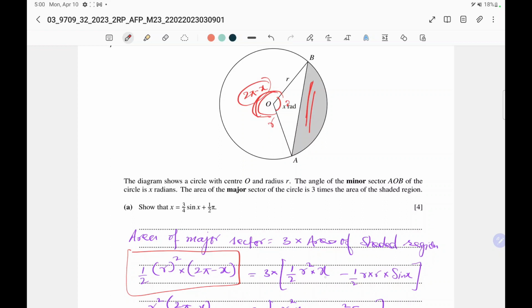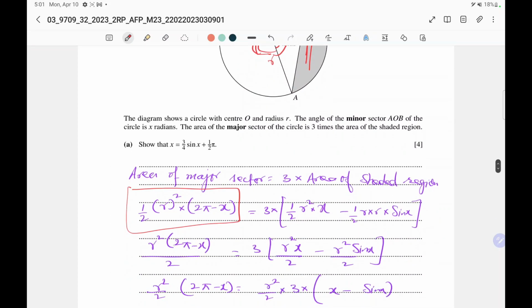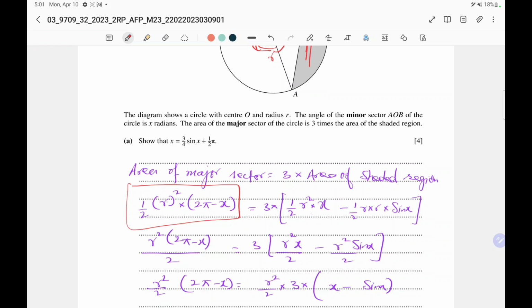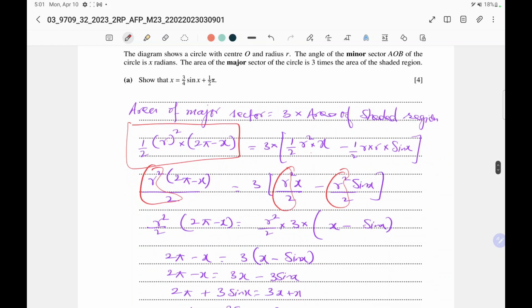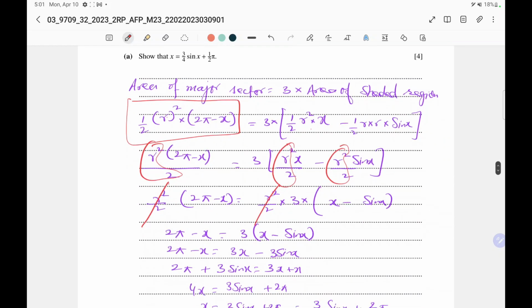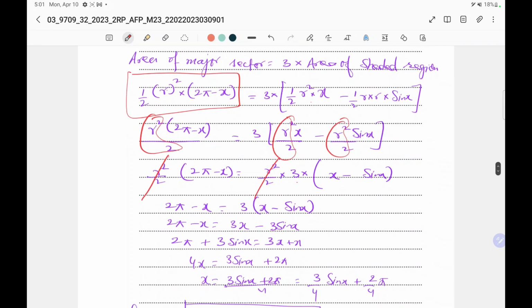So 1 over 2 r squared theta, theta is x, because for this angle we have to consider x, minus 1 over 2 ab sin theta. Now this is r squared over 2 (2 pi minus x), then this is 3 r squared over 2 x minus r squared over 2 sin x. Now r squared over 2 you can take common and cancel. So this is 2 pi minus x, this is 3x minus 3 sin x.